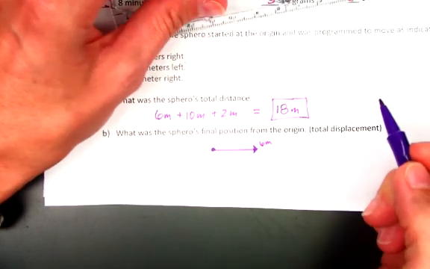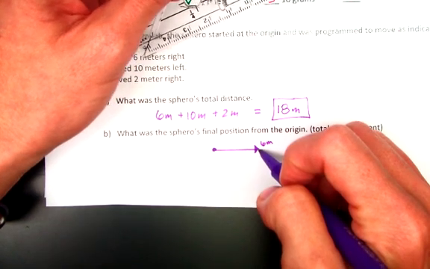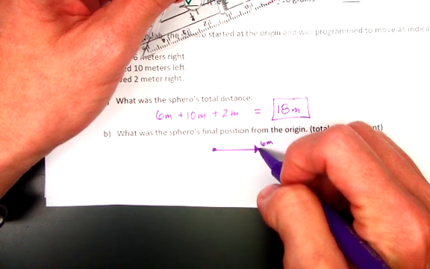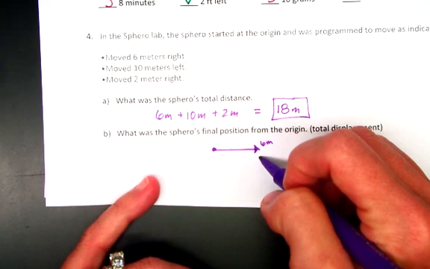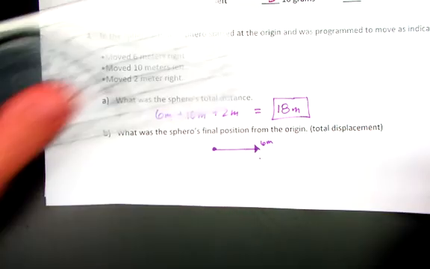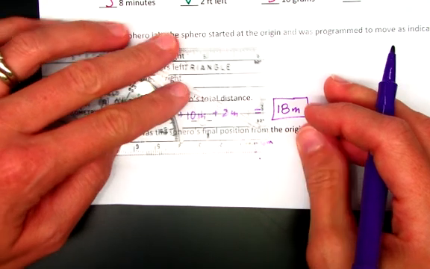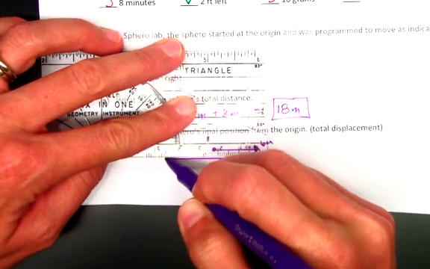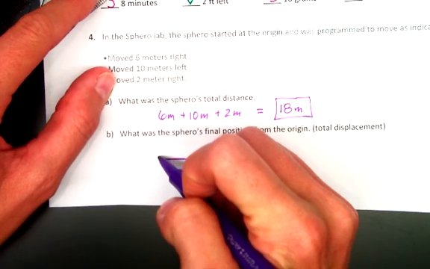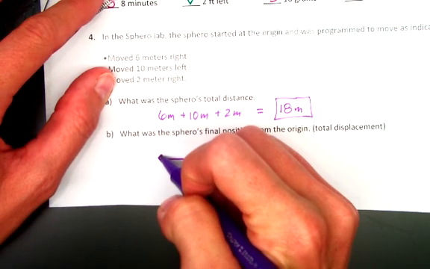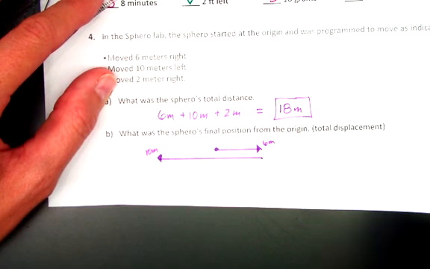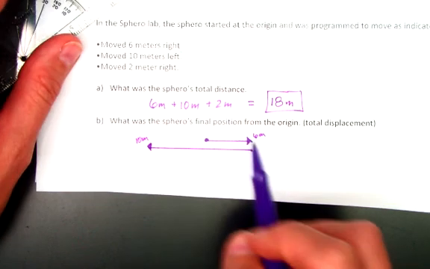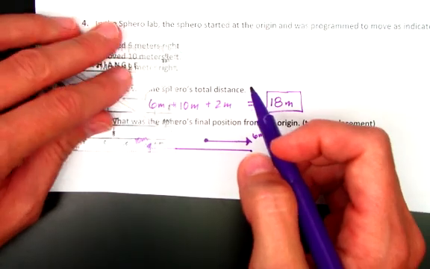And then 10 meters from here. So if I draw tail to tip, my next vector is going to be here. I'm going to put it a little further down so we have some space so I can see it since it's the same direction. So we have 10 meters to the left. And then we go 2 meters to the right.